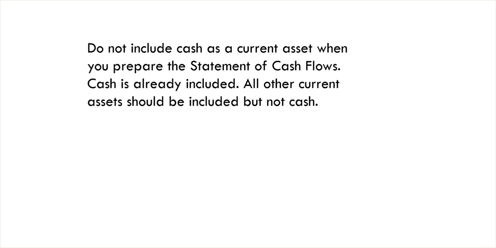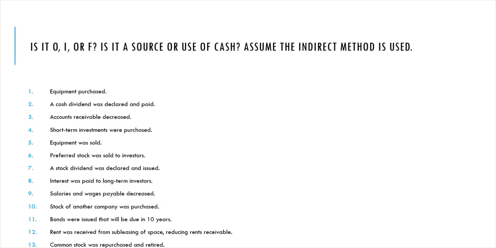Cash is already included. If you have cash equivalents, don't include the cash equivalents because they're also to be included when you do the statement. The statement is based on cash and cash equivalents. So if you want to work through this, I challenge you to work through this and see if you can understand the areas in which things go.